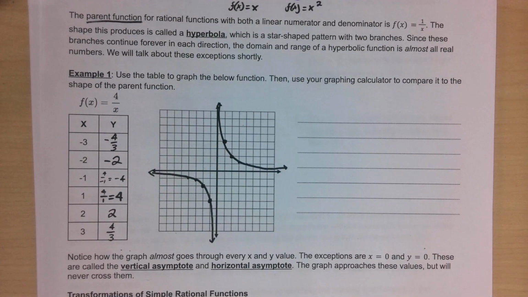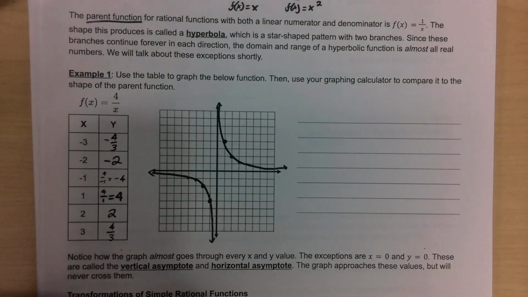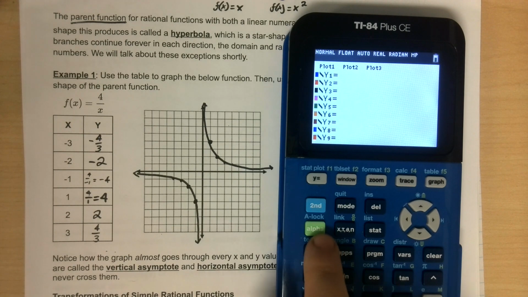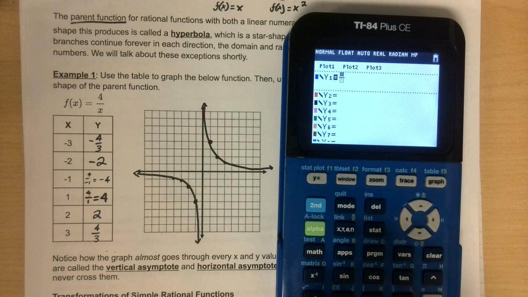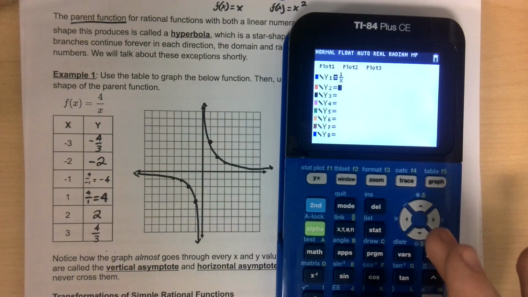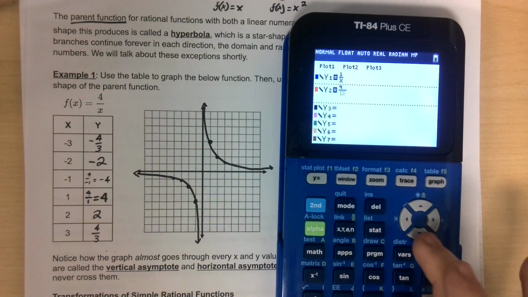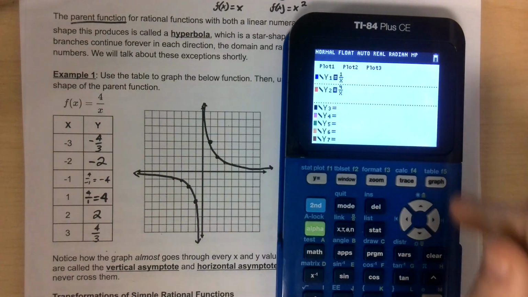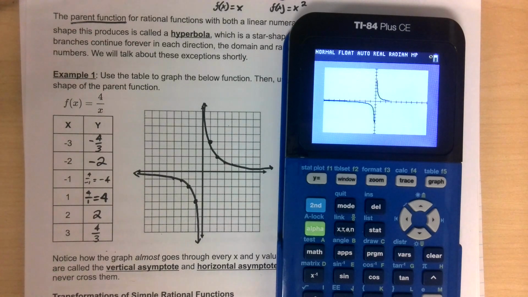Now, it asks us to compare this to the parent function using our graphing calculators. To put a fraction into a graphing calculator, we click alpha and then x. So if I did 1 over x, that's my parent function, and 4 over x, what do you think the difference is going to be? Let's find out. So here's our blue line, and there's our red line.